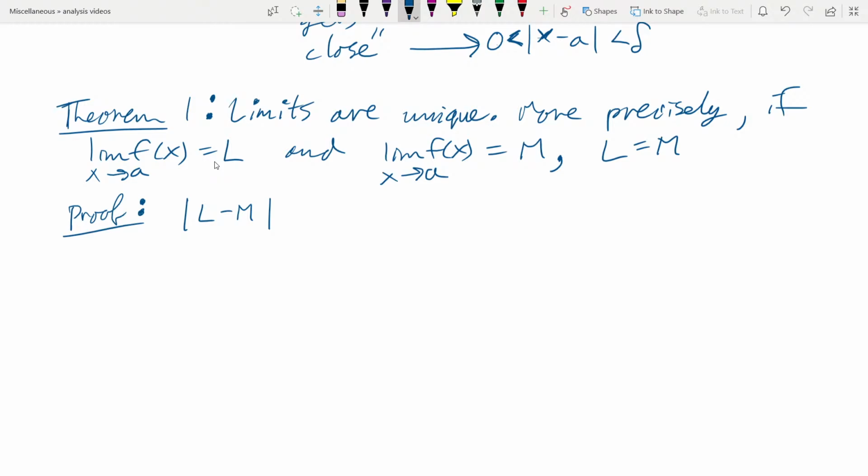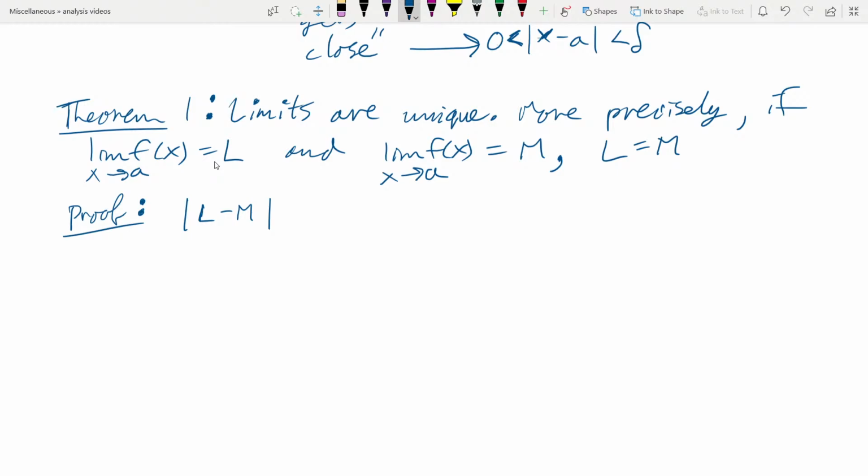It's helpful when you want to show two things are equal, not necessarily going to work all the time, but oftentimes you can analyze the absolute value of the difference of the two things and determine whether or not that can be made smaller than any positive number. That will turn out to be very helpful in this situation.